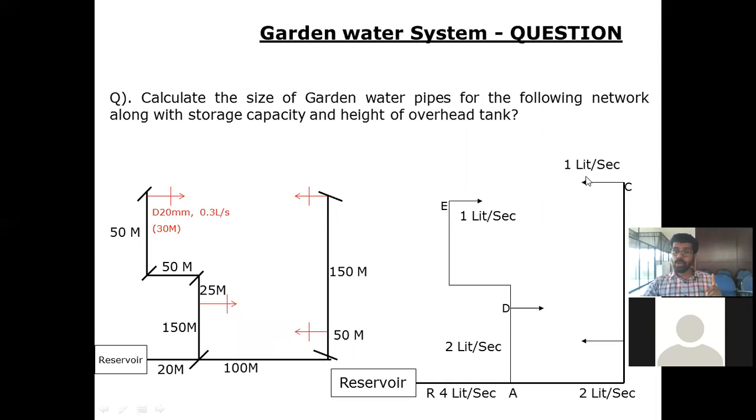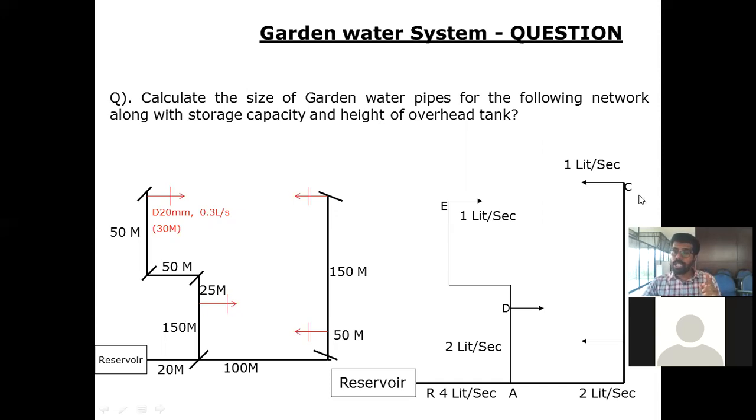Plus, you need to know, you have to get a 2 meter head here also at the end. So at this line end, you will be having a sprinkler. At least 2 meter head should be there at the sprinkler. So you know that 2 meter is here and a loss of 4.7 is in this line.